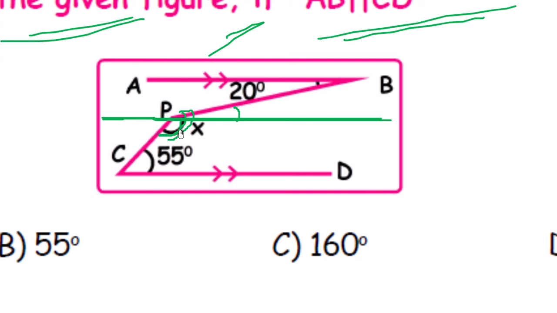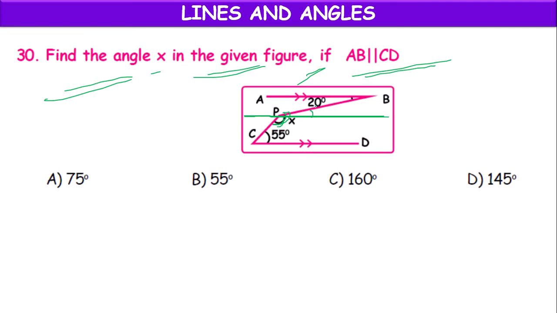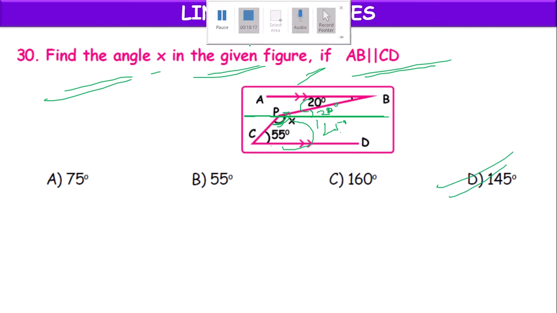Upside portion is 20. So 125 plus 20, 145. Total X means 20 plus 125, 145 degrees is the correct answer.